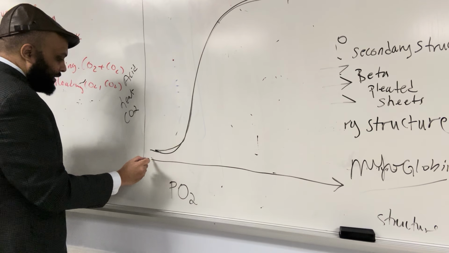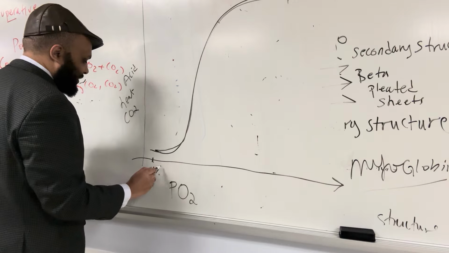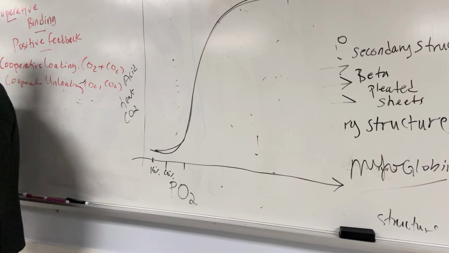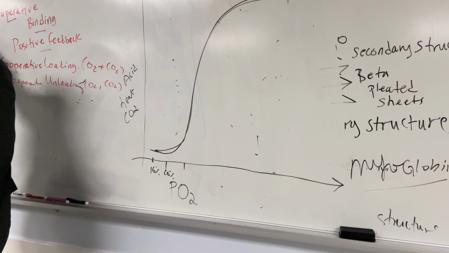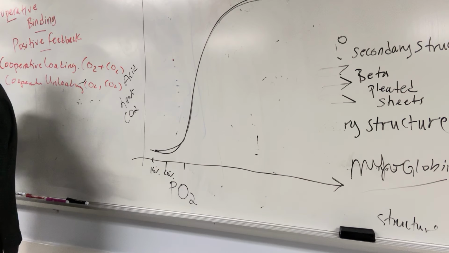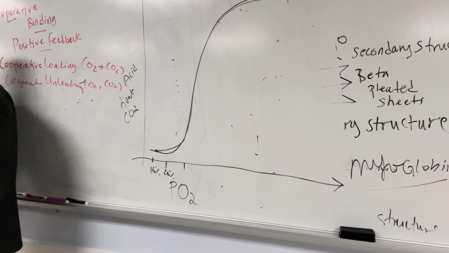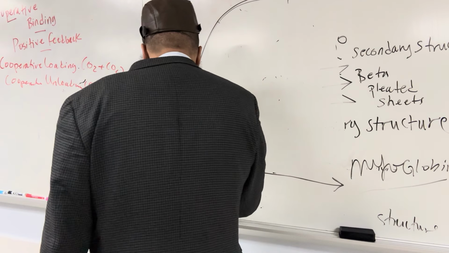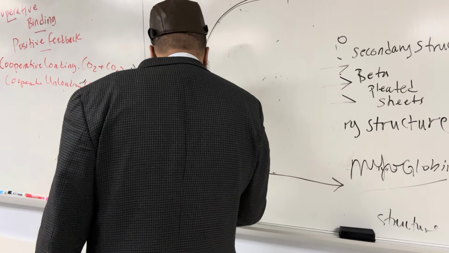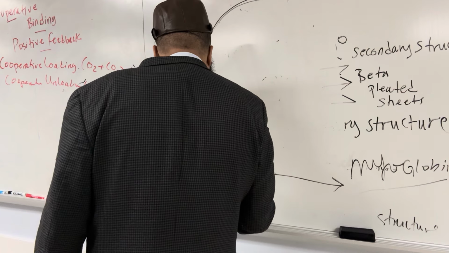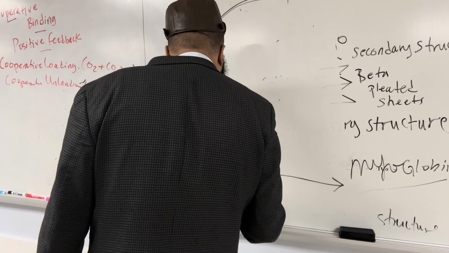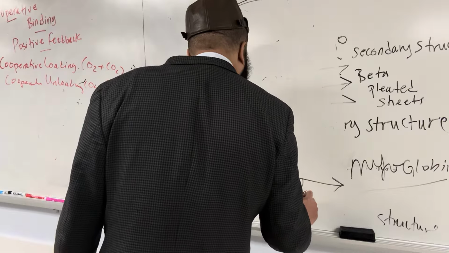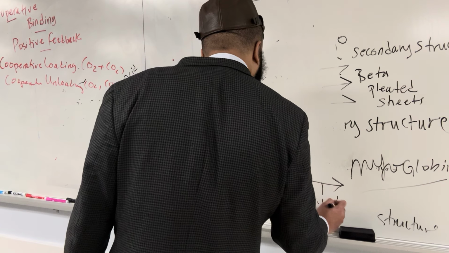If this is the partial pressure of oxygen, 10%, 20%. Partial pressure means how much oxygen is there. A place with high partial pressure of oxygen means there's a lot of oxygen. A place with a low partial pressure of oxygen means there's no oxygen. So partial pressure means how much oxygen is there. 30% oxygen, 40%, 50%, 60%, 70%, 80%, 90%, 100% oxygen.